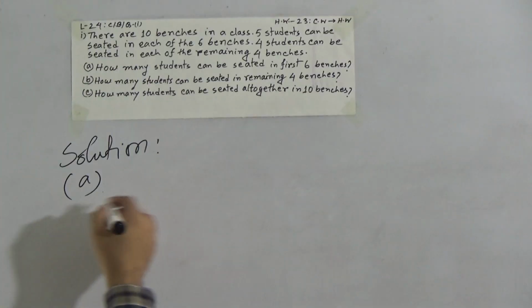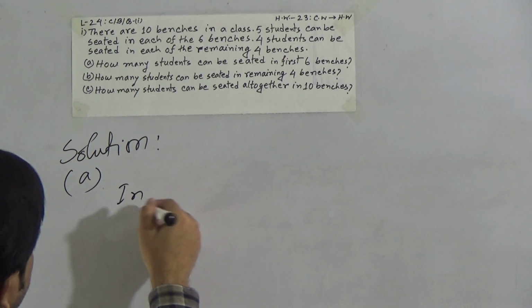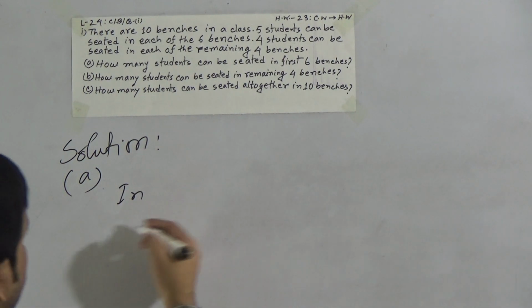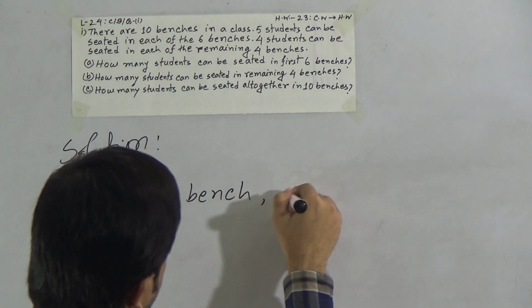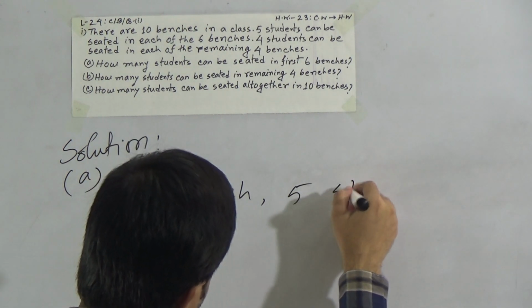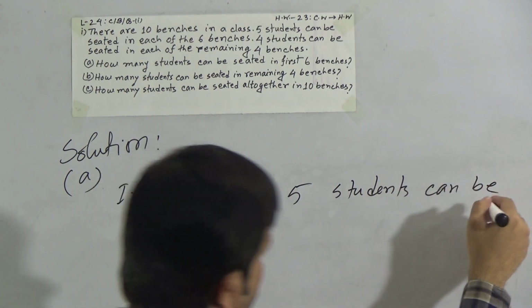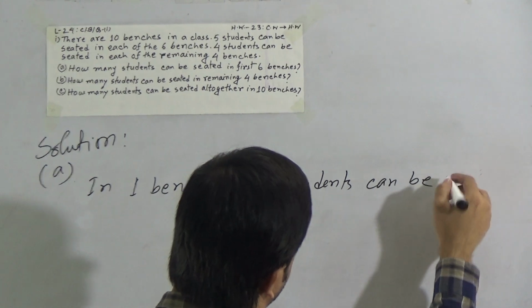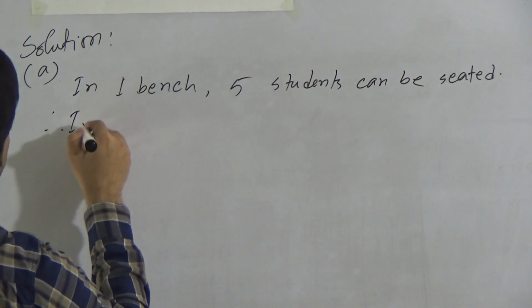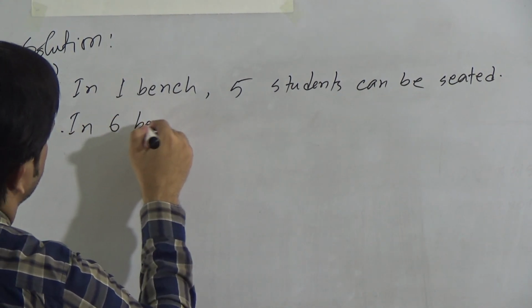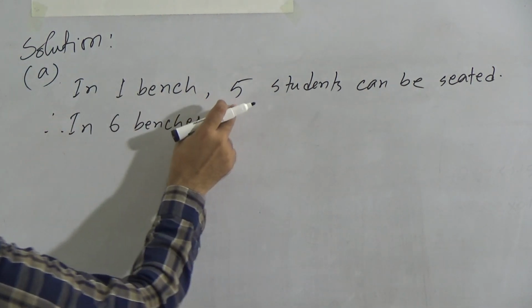Question A. We can write, in 1 bench, each bench means 1 bench, in 1 bench 5 students can be seated. Therefore, in 6 benches, so in 1 bench 5 students can be seated.